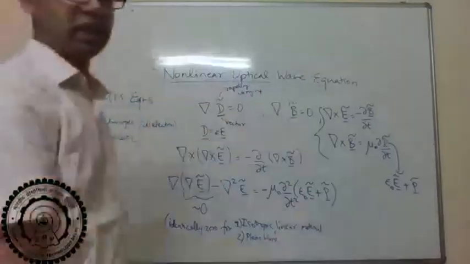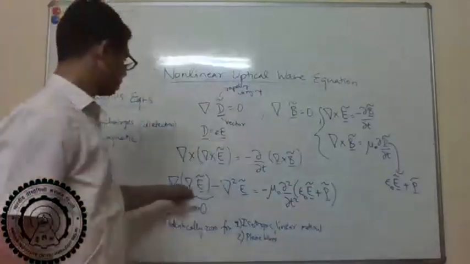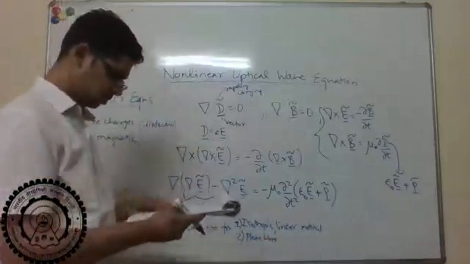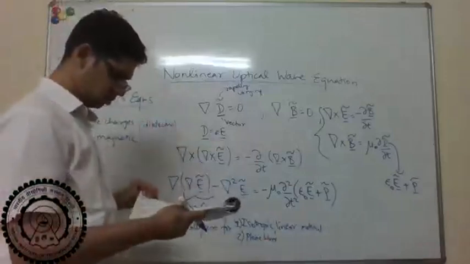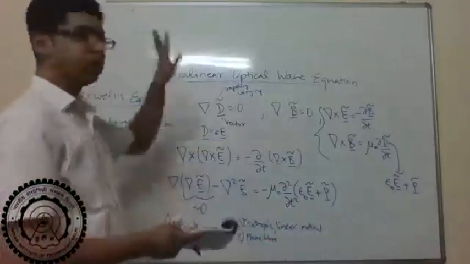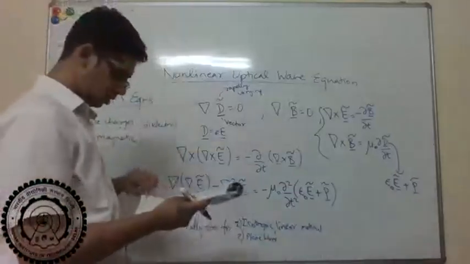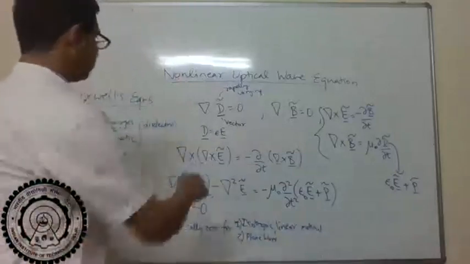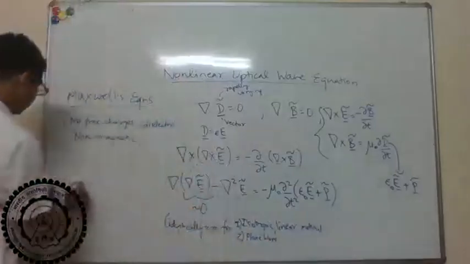It's also identically zero if I consider a plane wave. If I consider an ideal plane wave, then del dot E is also zero. It's a transverse wave, right? So the electric field does not depend on position along the field direction. So basically, what is del dot E in general?